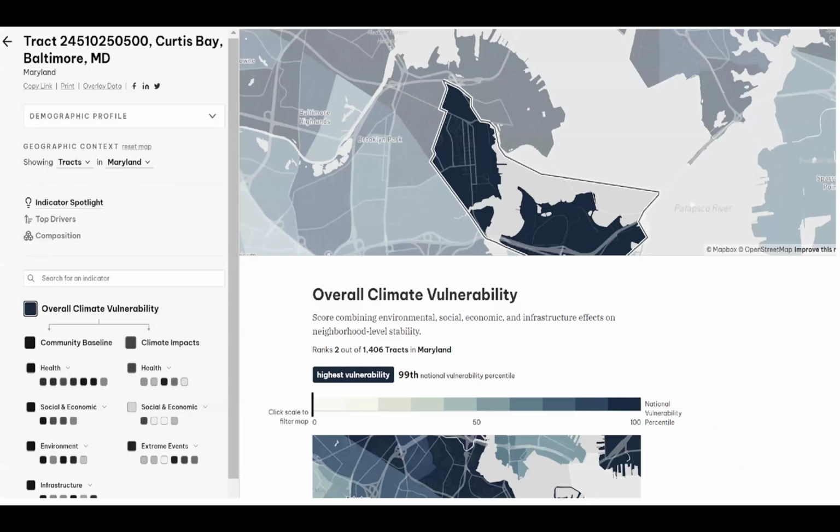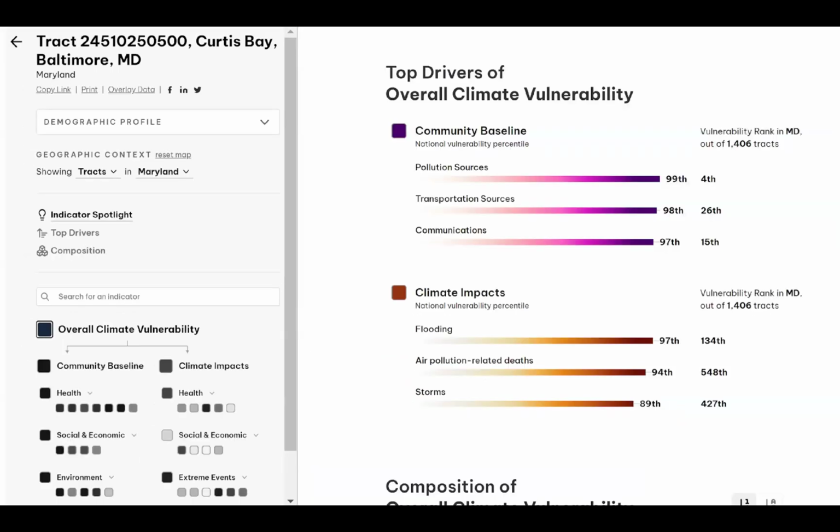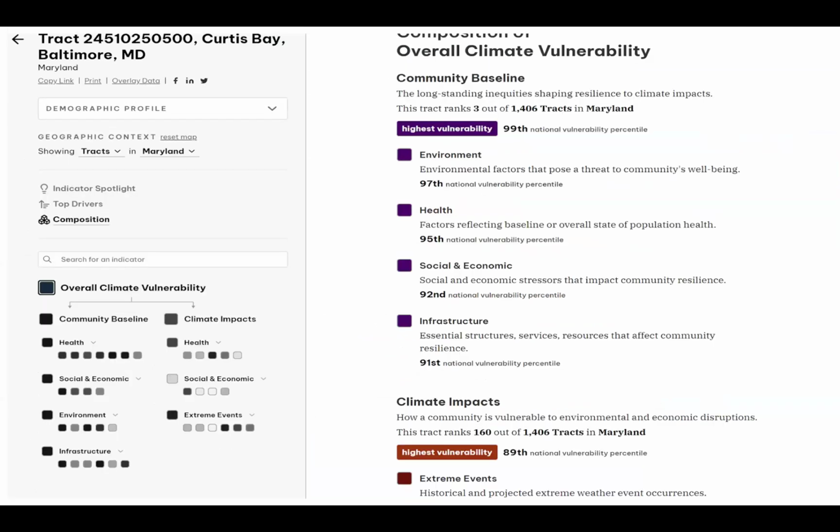What if we zoom in again to Curtis Bay, Baltimore? How is it ranked? Out of 1,406 tracts in Maryland, it's ranked number 2 based on the overall climate vulnerability, which means it's very, very bad. We can also check what's happening in each domain and see the scores and ranks.